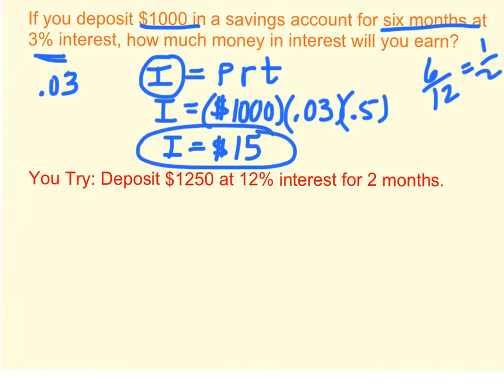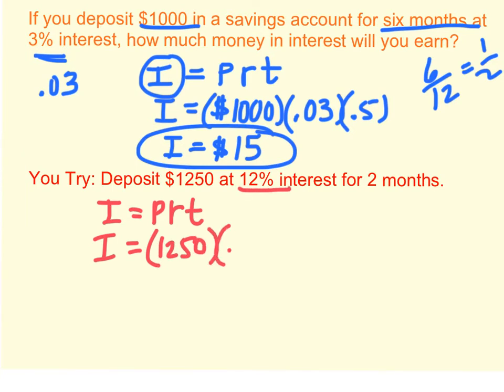All right, now it's your turn. Go ahead and try the next problem. You're going to deposit $1,250 at 12% interest for 2 months. Go ahead and pause the video, try the problem, and then play the video to check your answer. All right, let's see how you did. So our formula, we're going to plug in our principal, which is $1,250, our rate, 0.12, and 2 months, that would be 2 out of 12, which is 1/6.